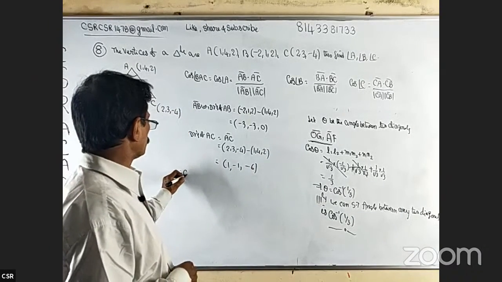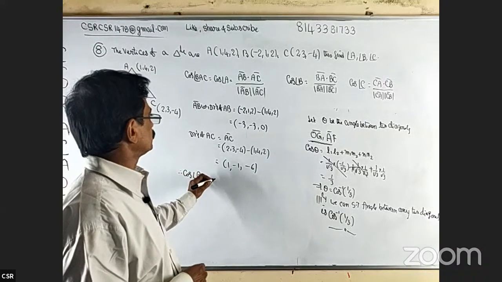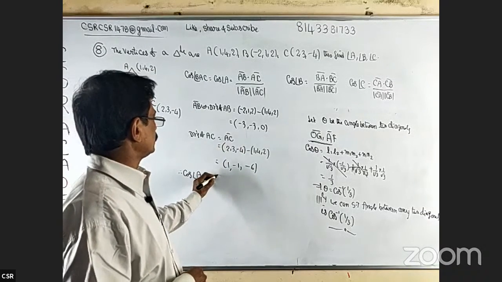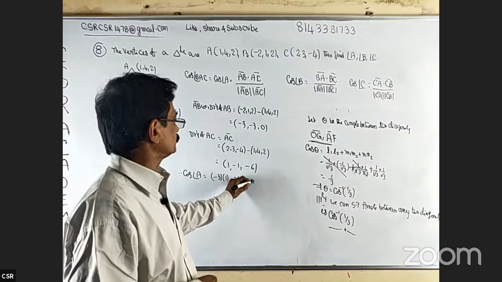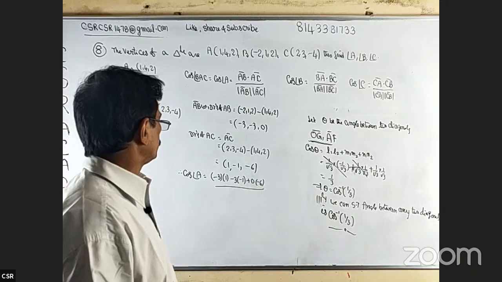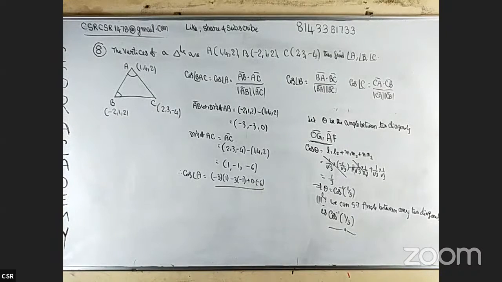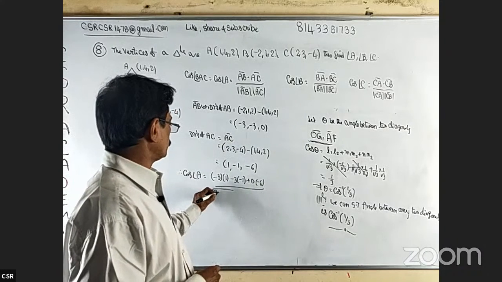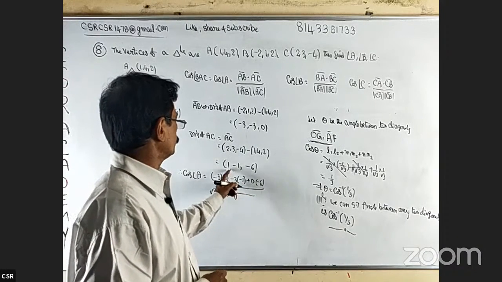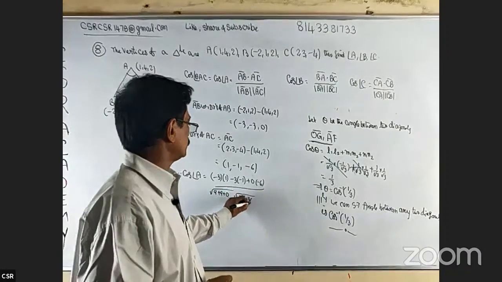Now, therefore, cos of the angle A equals minus 3 into 1, minus 3 into minus 1, 0 into minus 6, by the under root of 9 plus 9 plus 0, under root of 1 plus 1 plus 36.